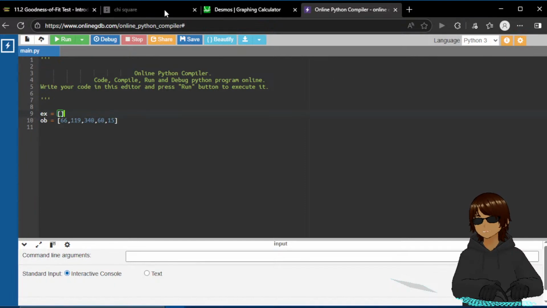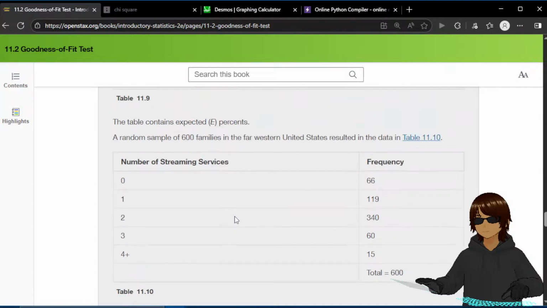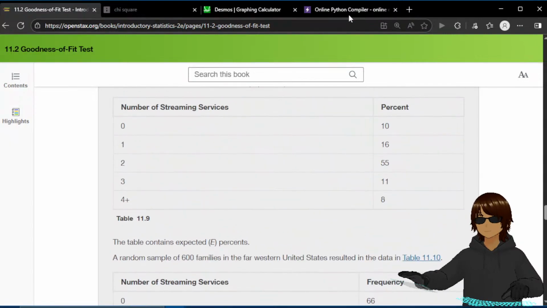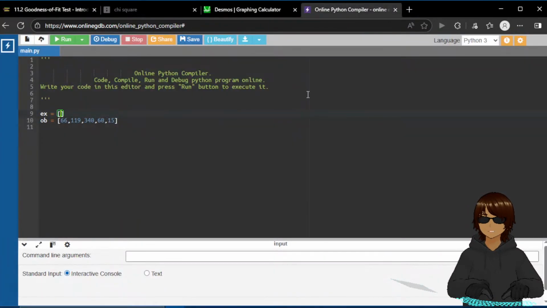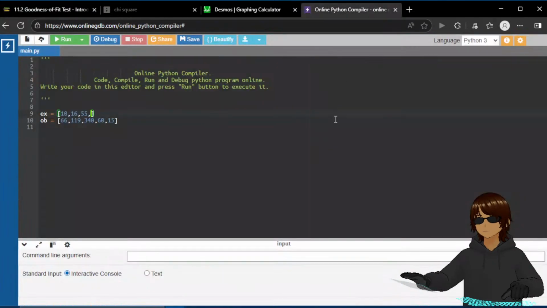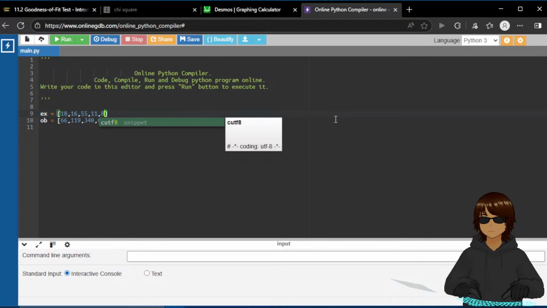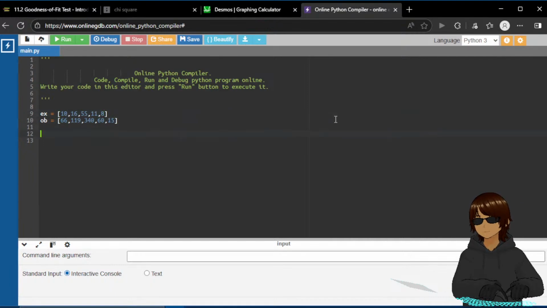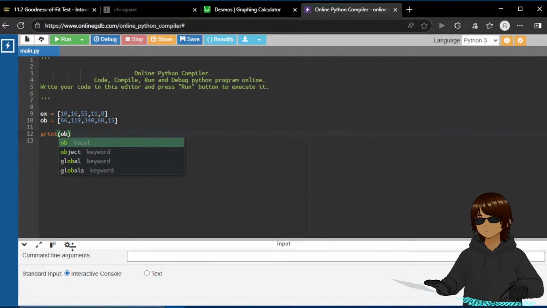And then we have the expected: 10, 16, 55, 11, 8. So print. Okay, let me see.